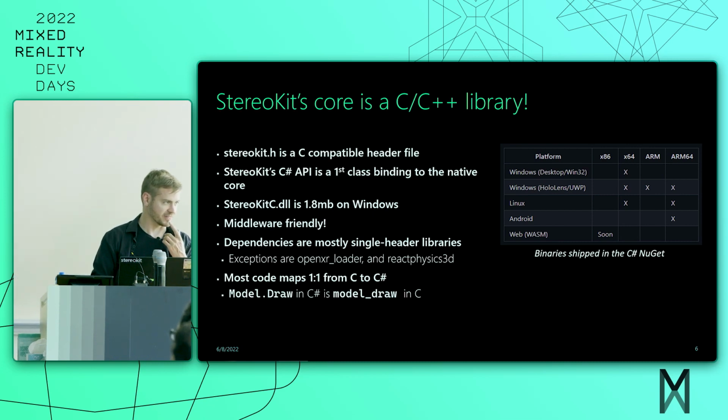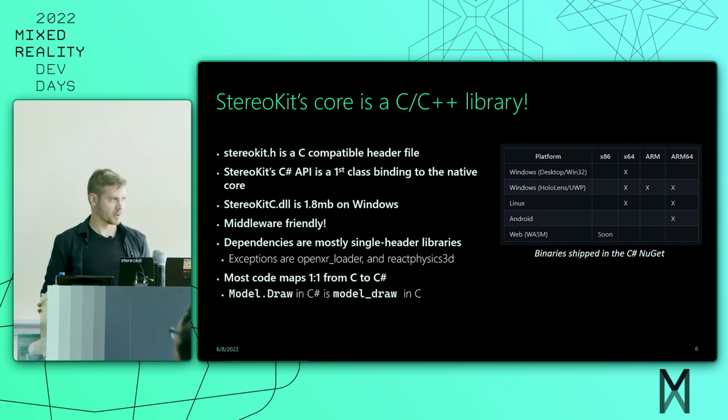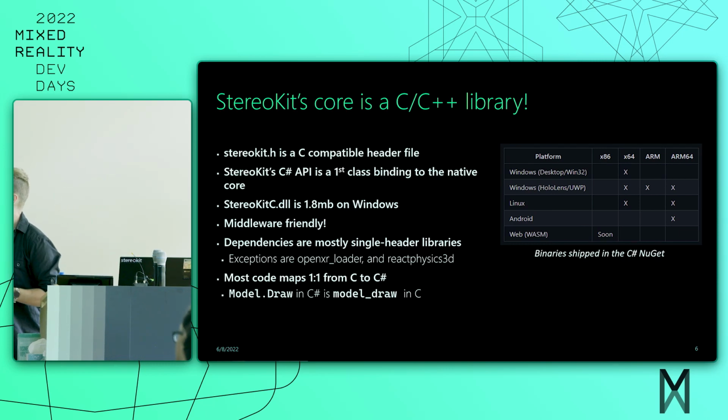A bunch of interesting stuff there. So I mentioned this: StereoKit's core is C and C++. This is kind of interesting and important. First of all, writing in C is actually really nice. I didn't realize how nice this was until I came back to it. I started my life as a C, C++ developer doing DirectX 9 stuff.